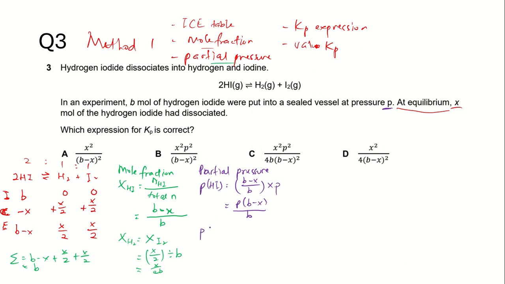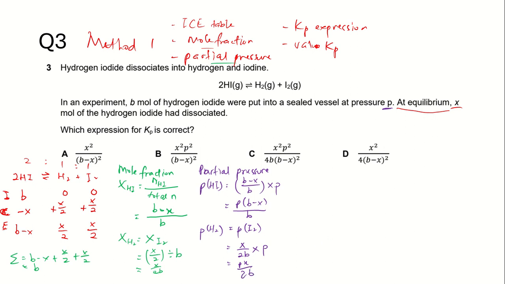Partial pressure of hydrogen is the same as partial pressure of iodine because they have the same number of moles in the mixture at equilibrium. So their partial pressures will be X over 2B multiplied by total pressure P. So it is PX over 2B.